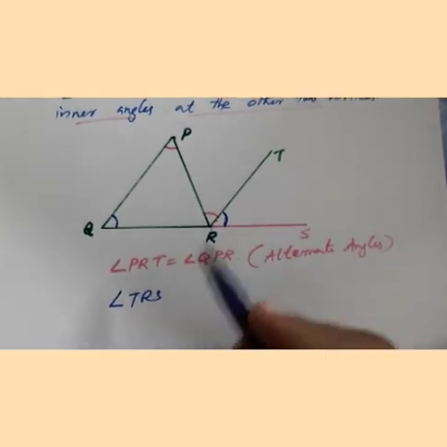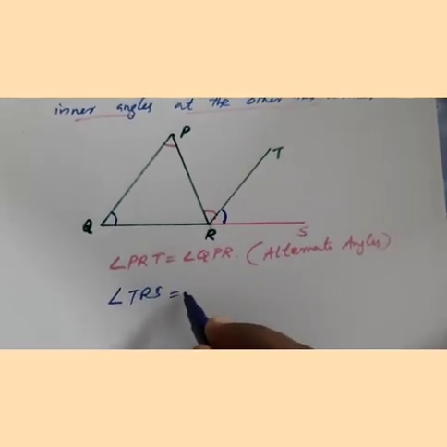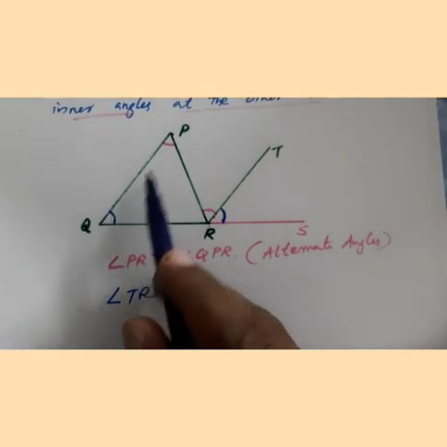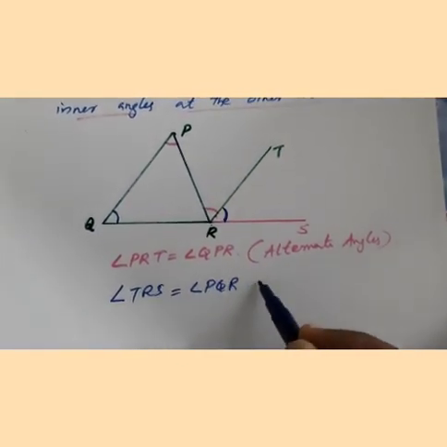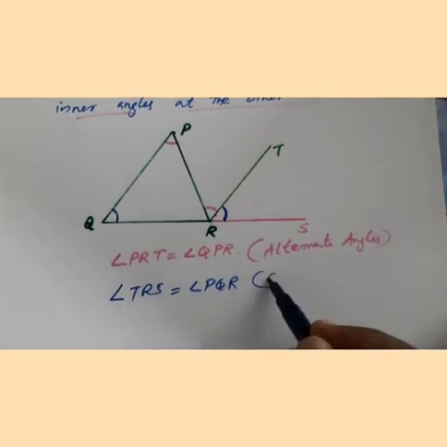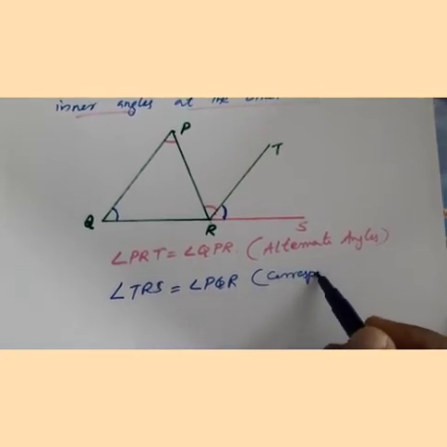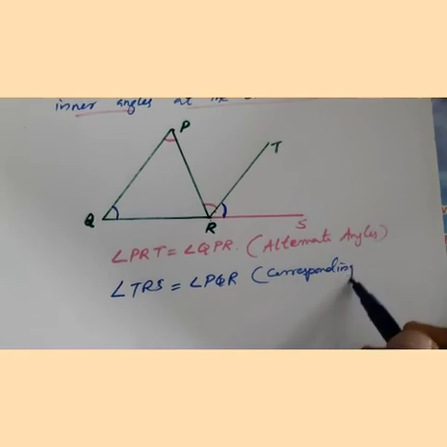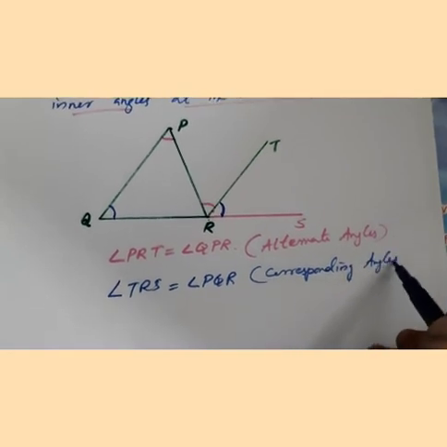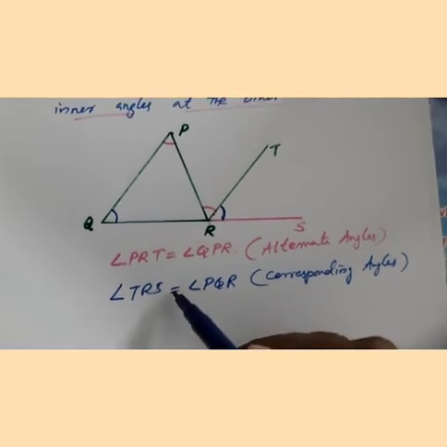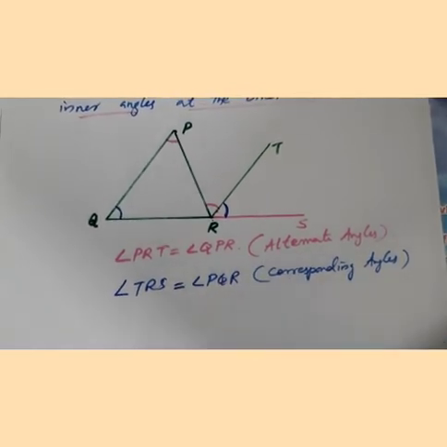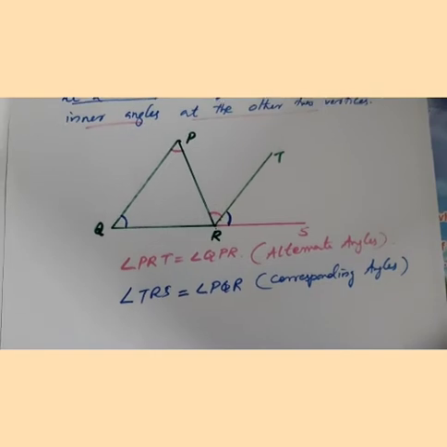So TRS is equal to angle PQR. They are also equal because they are corresponding angles. So we got one set of corresponding angles and one set of alternate angles.